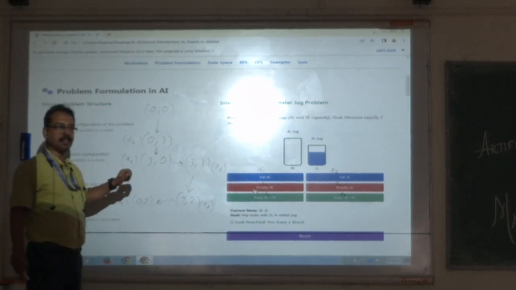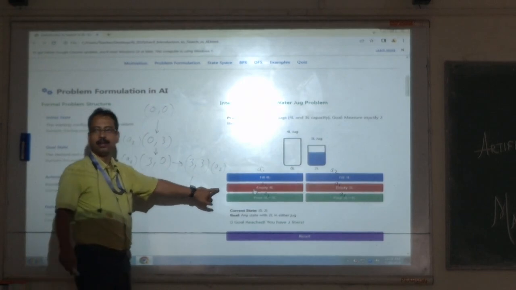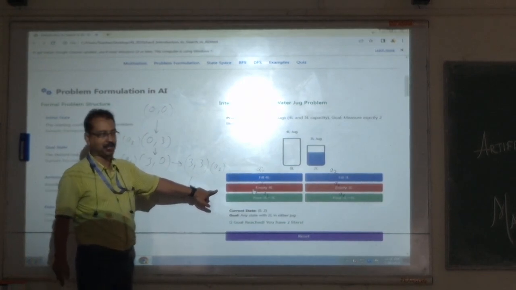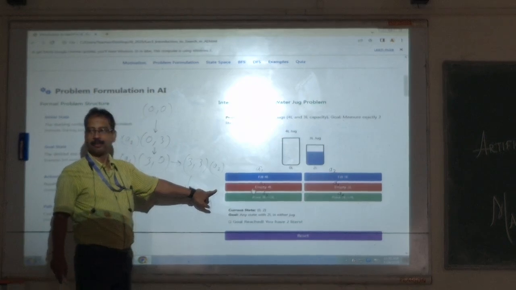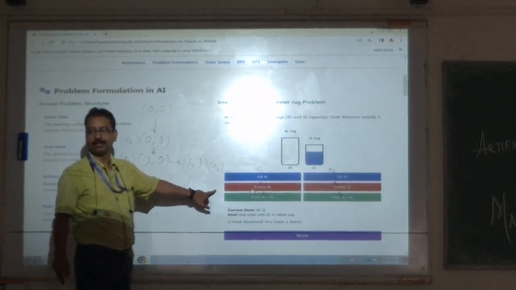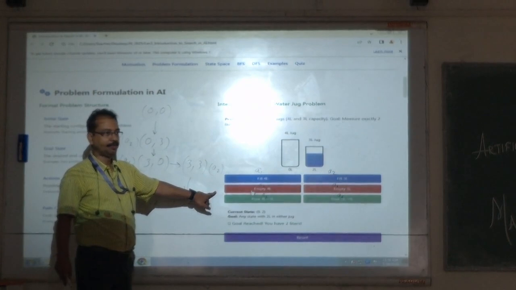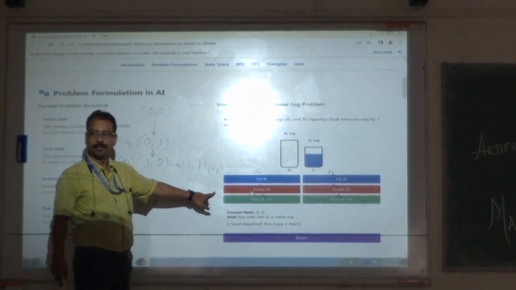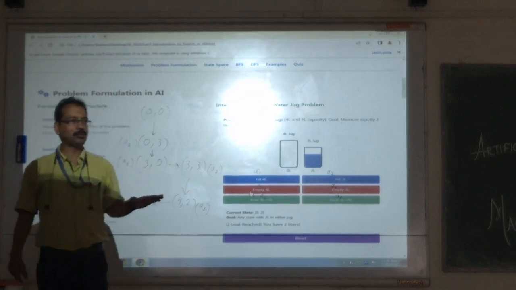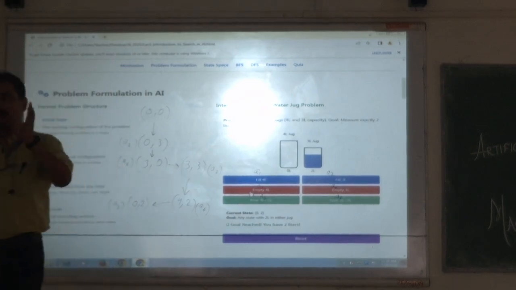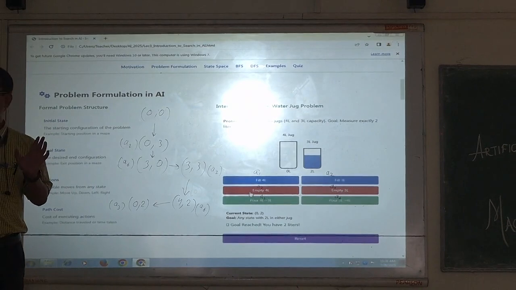But those changes can be achieved only through a valid sequence of moves or actions. Not arbitrary, but valid sequence. Am I clear? So this is how the problem is solved. A very basic example, but the whole idea can be understood from this example.